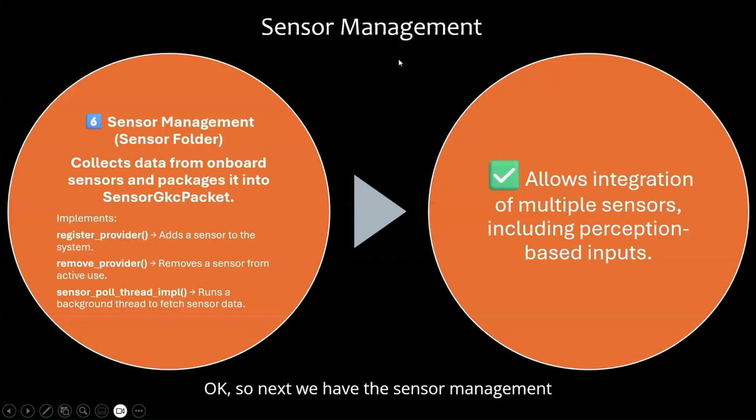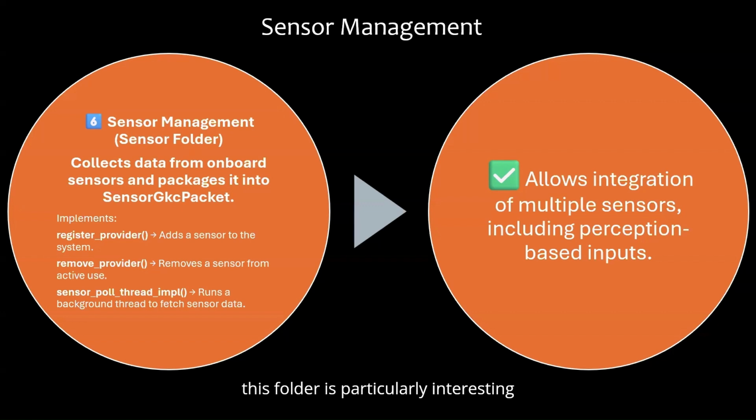Okay, so next we have the sensor management folder, and this can be found in the sensor folder. This collects data from onboard sensors and packages it into the sensor GKC packet, which is particularly interesting for me because to implement a perception stack, you would need to send a sensor GKC packet. So this module implements register provider, which adds a sensor to the system.